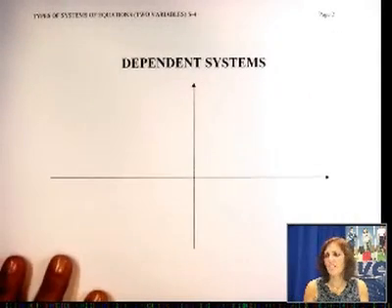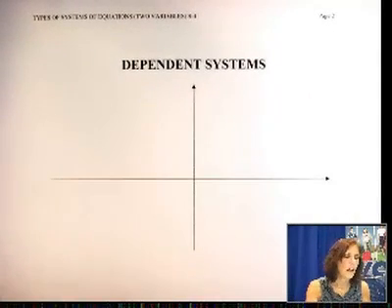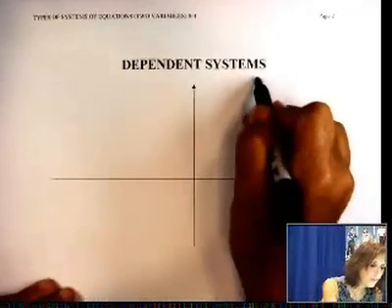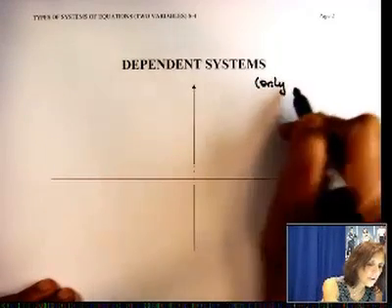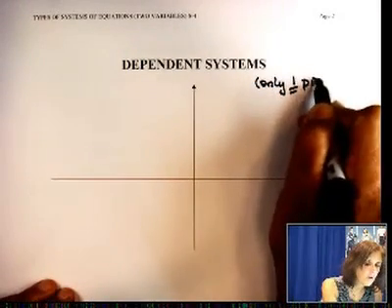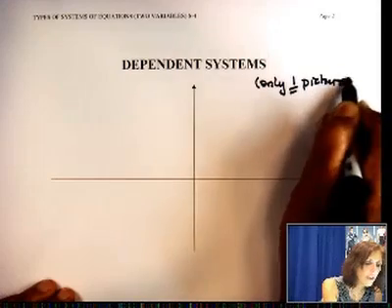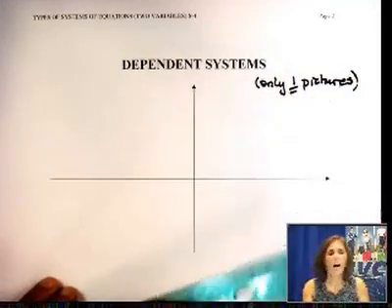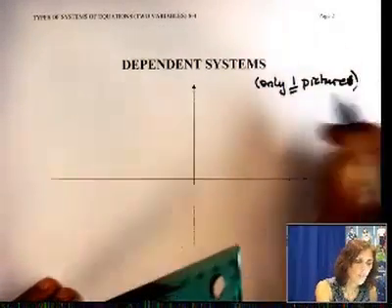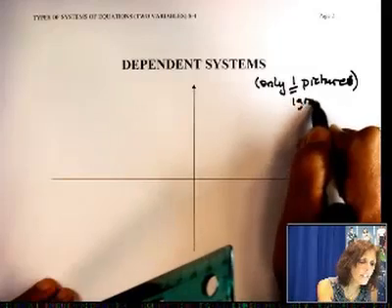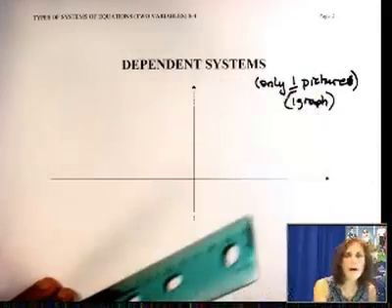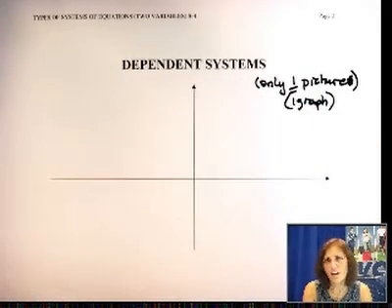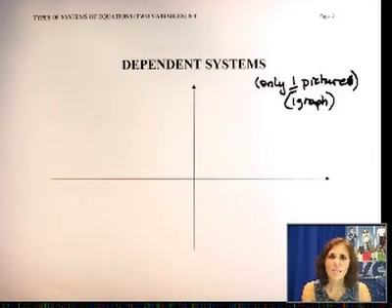Let's talk about dependent systems. That is only one picture. In other words, you have 2 equations on only one graph. 2 equations, but the second equation is exactly the first equation, just disguised.